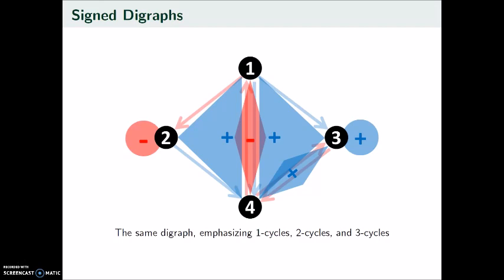And the cycle has a sign that's equal to the product of all of the edges. So for example, if you look at the positive 3 cycle on the left here, you can see if I start at 1, I take a negative edge to 2, a positive edge to 4, and then a negative edge to 1. So I have negative times positive times negative. The two negatives cancel out, so it's a positive 3 cycle.